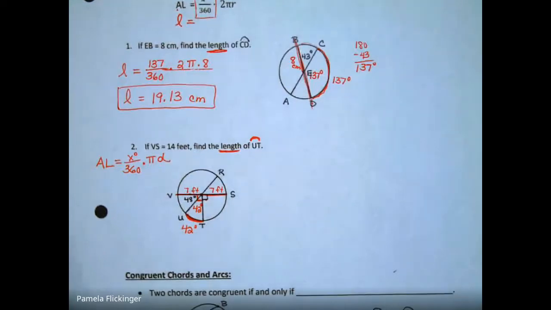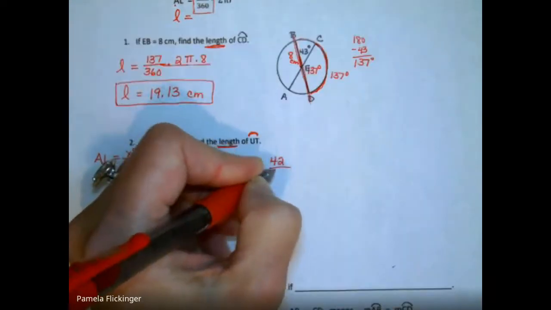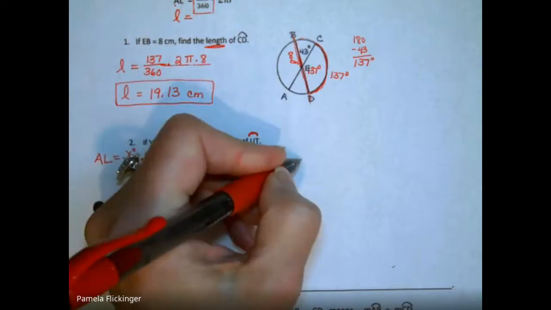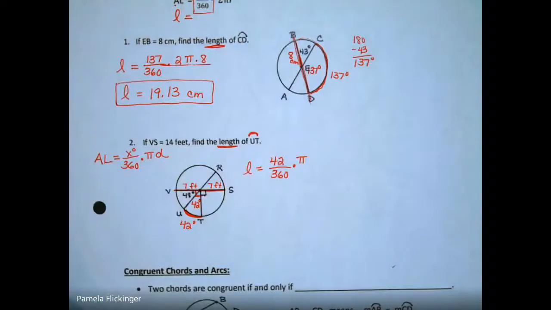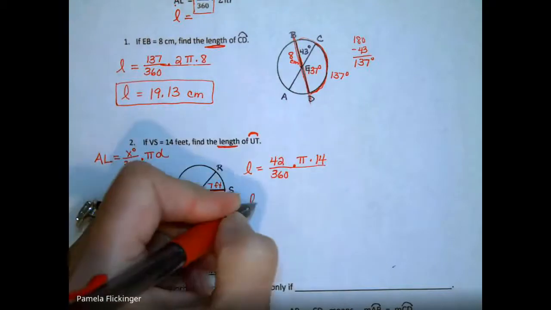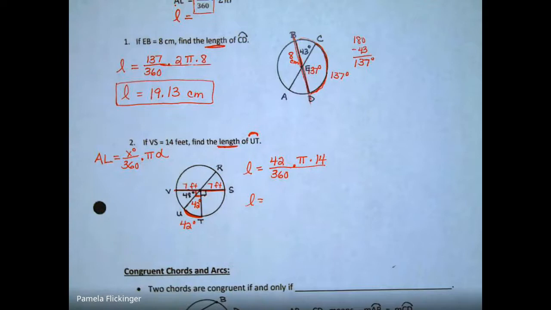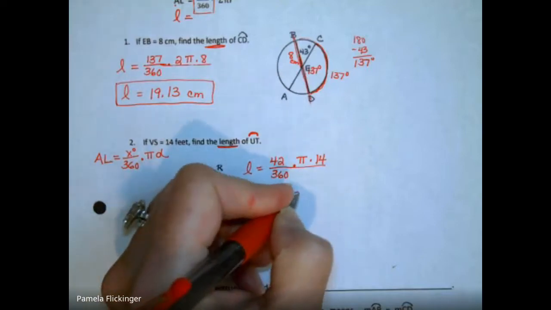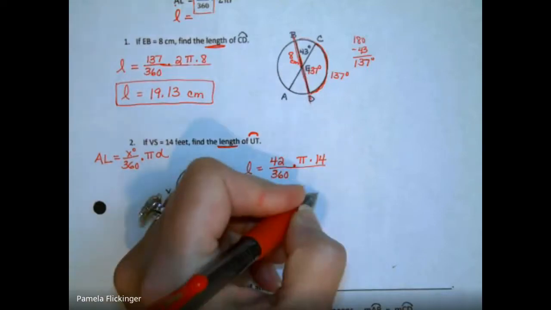So I'm going to take 42 out of 360 times pi times my diameter, which is the 14, and then just type that in. So we've got 42 times pi times 14 divided by 360. We get 5.13 feet.